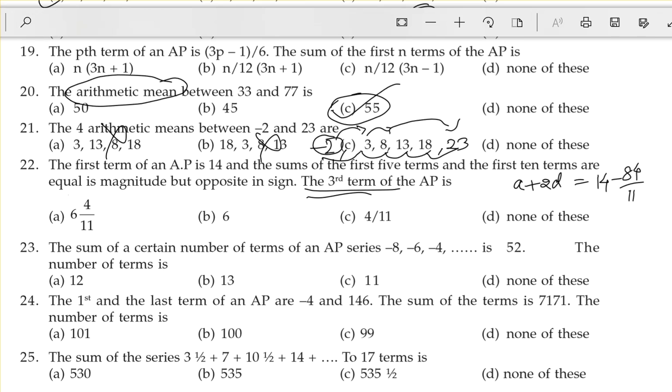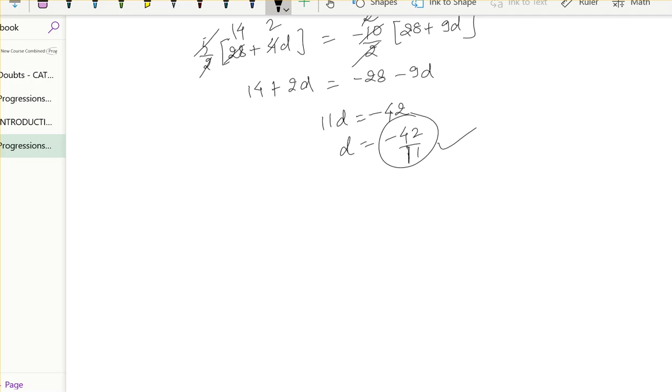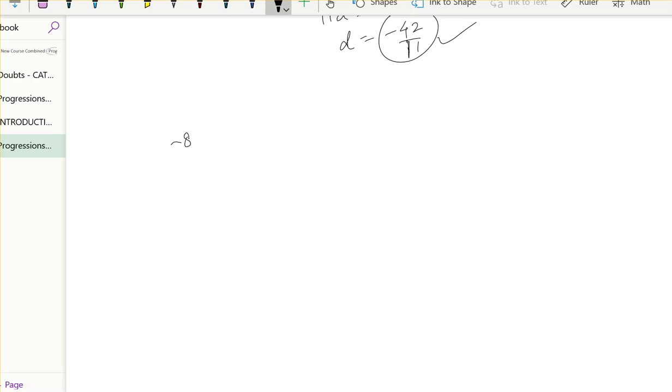So option A. Sum of a certain number of terms of AP is 52. Minus 8, minus 6, minus 4, minus 2, 0, 2, 4, 6, 8. These 9 terms result in 0 sum.